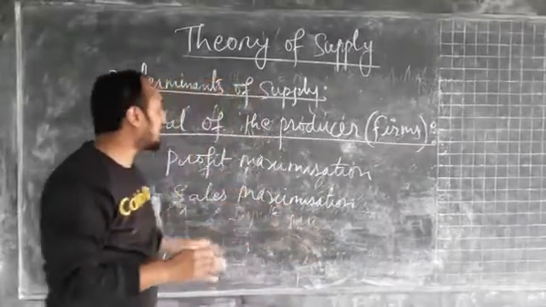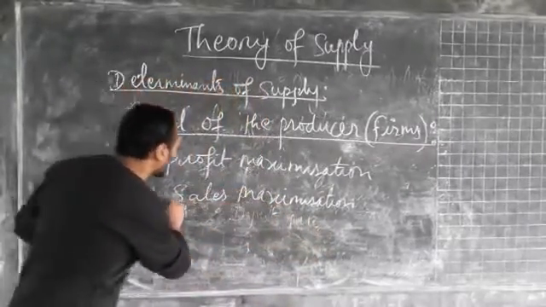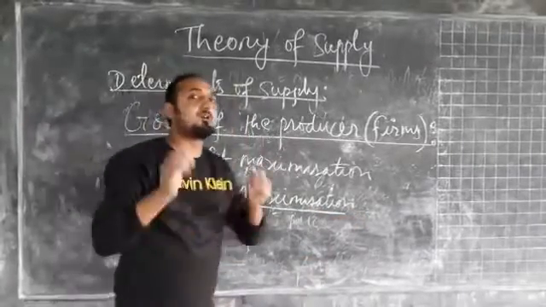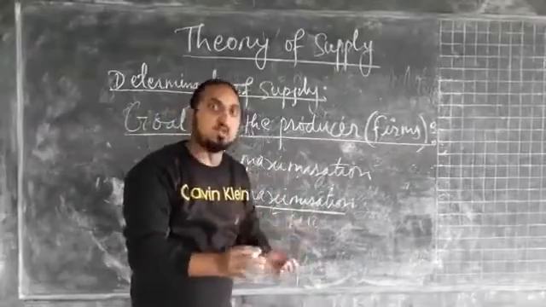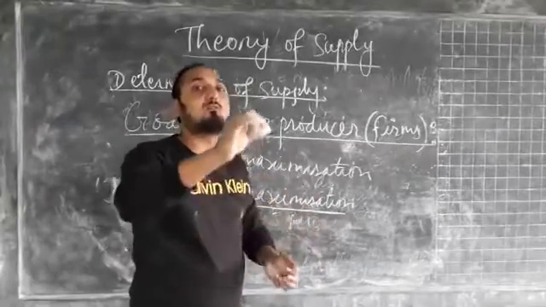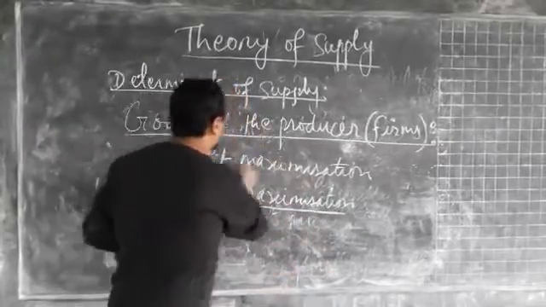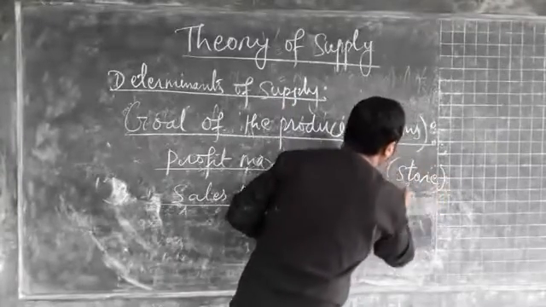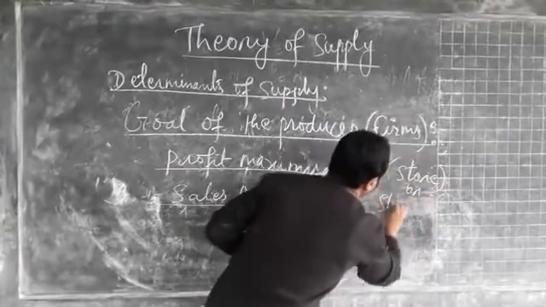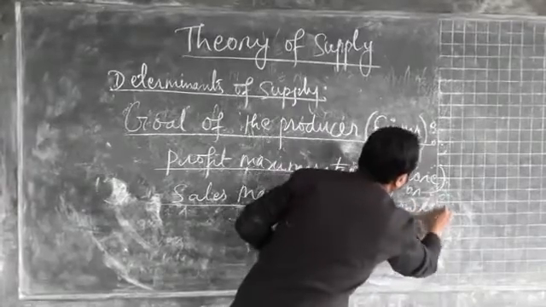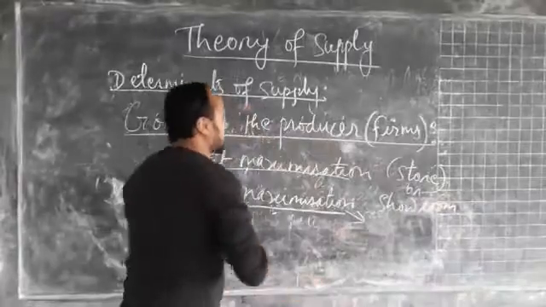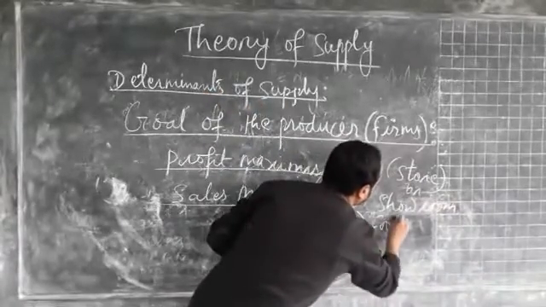So instead of charging a higher price, in the case of sales maximization, the producer will focus on selling a larger number of clothes, whereas this is the case of a store or showroom. And this is the case of the shops which are on the footpath.